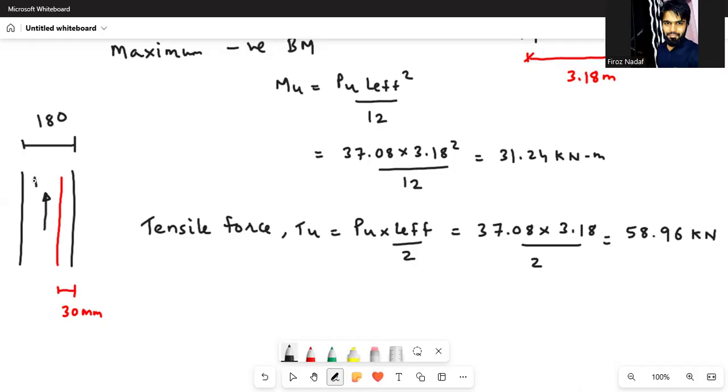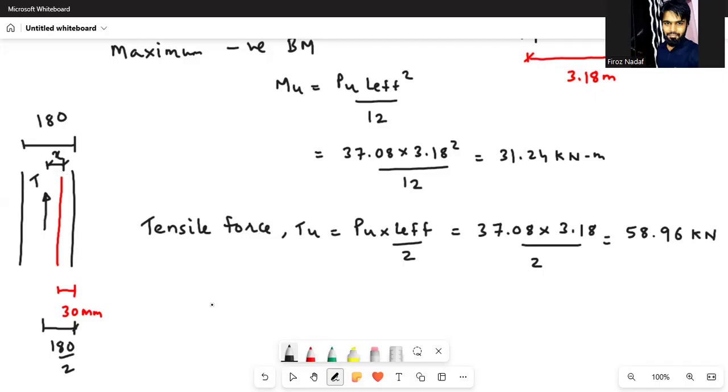Okay. So this is your tensile force, and this tensile force will create bending moment with respect to this reinforcement. I will take this as X. So from the middle to this point, it is 180 by 2. 180 by 2 minus 30, you will get X.